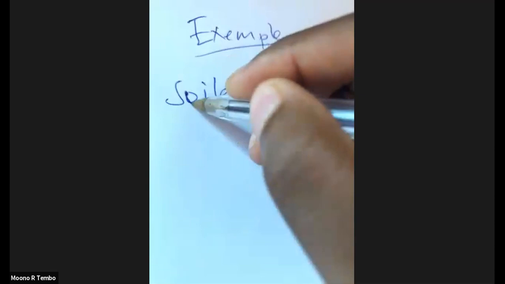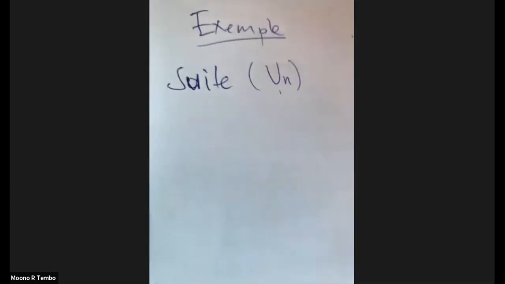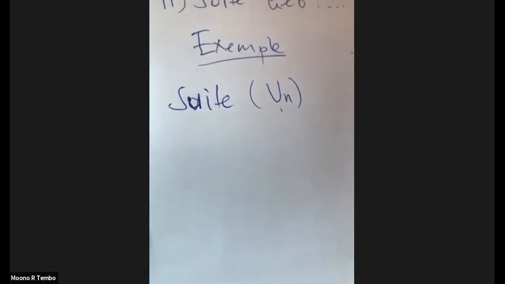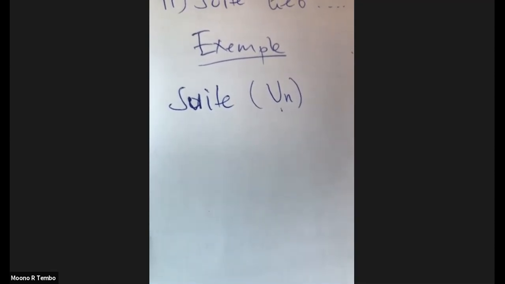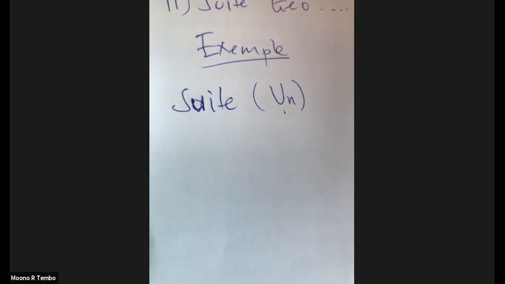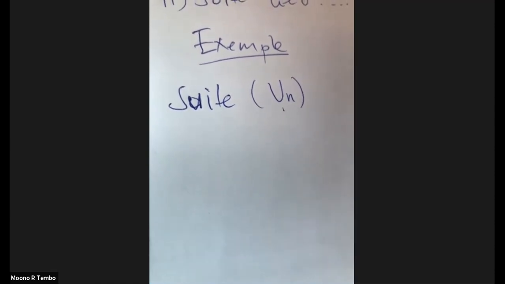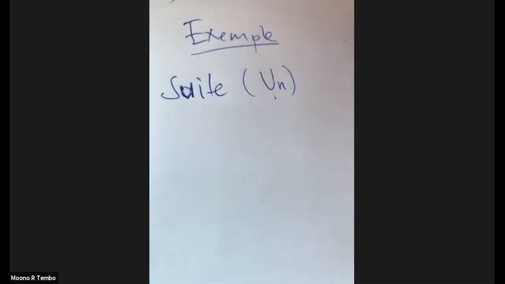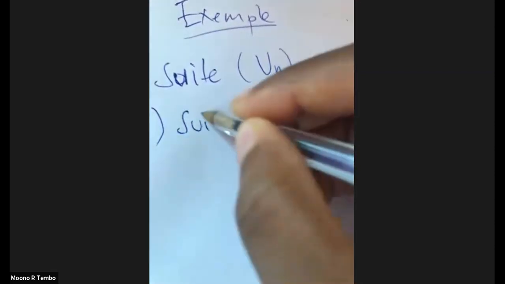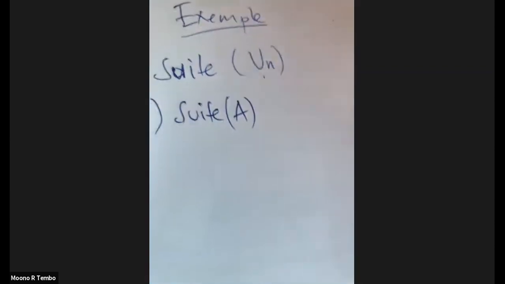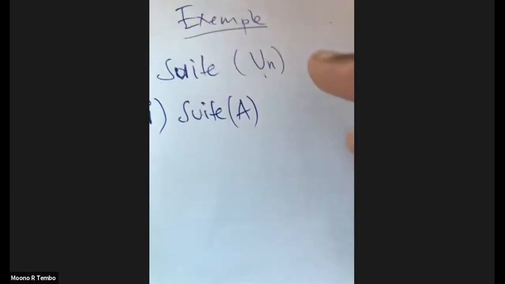So this here is U, written as U_n. Under an arithmetic sequence, you're looking at different terms. So we'll take an example, sequence A, which means arithmetic. I'm just writing it like that.